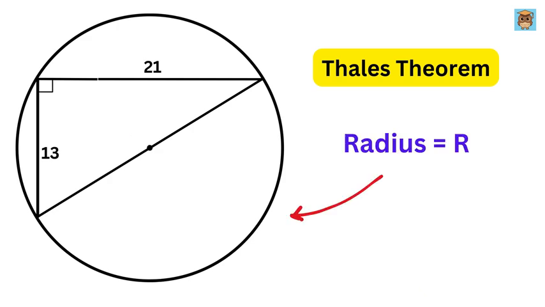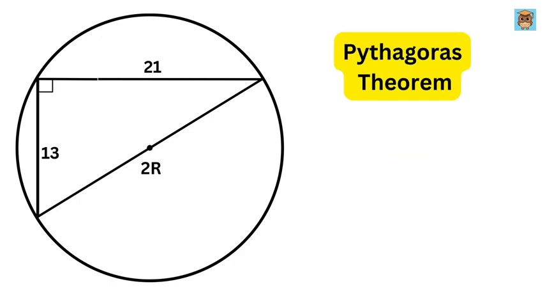Now, if we label the radius of this circle as r, then this diameter will be of length 2 times r, right? So, finally, we can use our favorite right triangle theorem here to get (2r) squared equals 13 squared plus 21 squared.